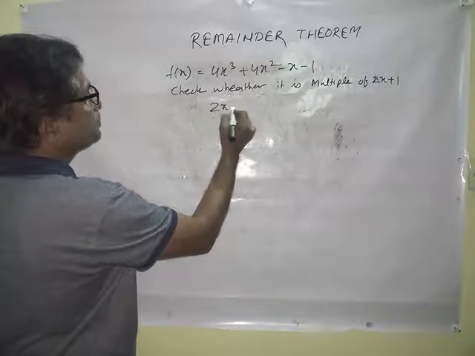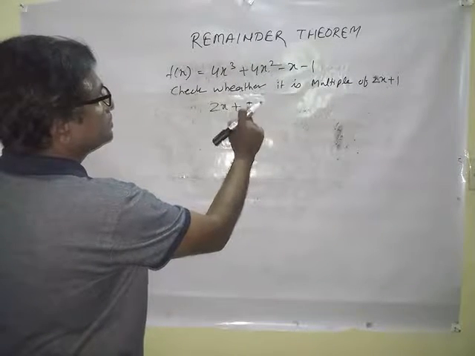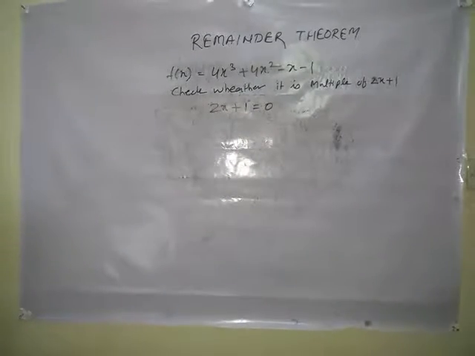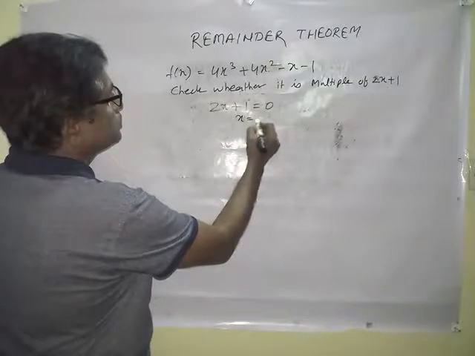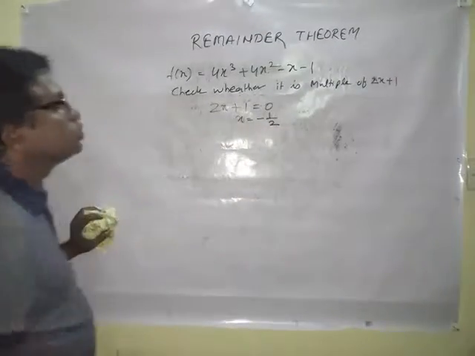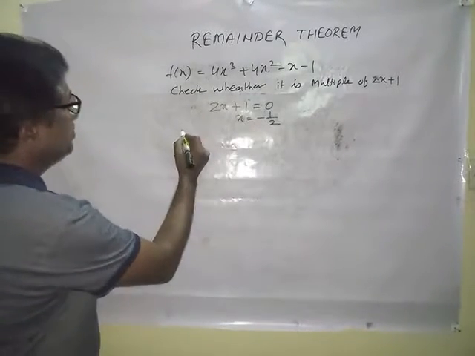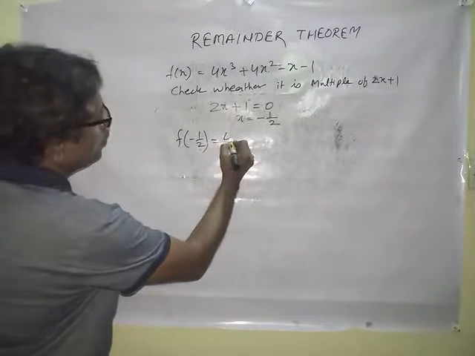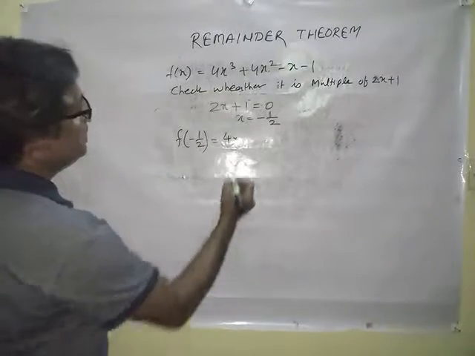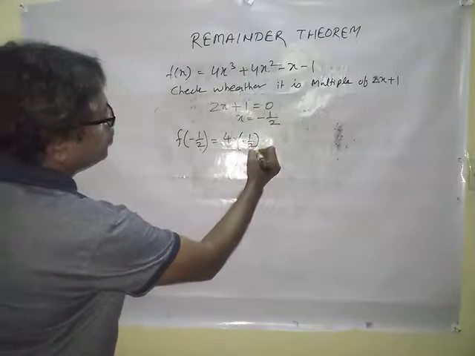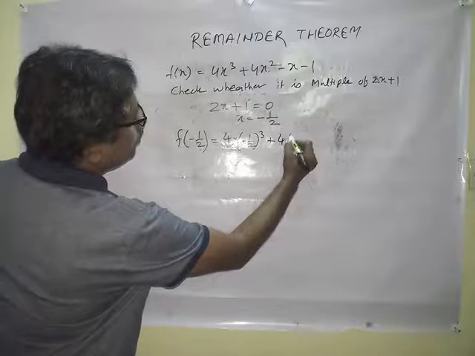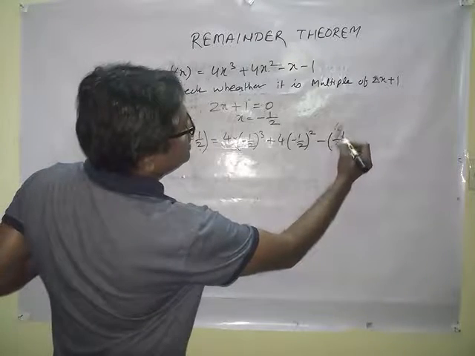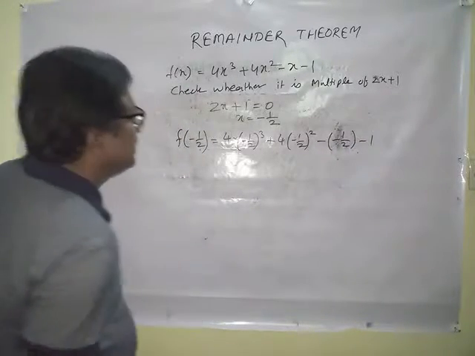2x plus 1 equal to 0. So x is equal to minus 1 upon 2. So as per the remainder theorem, f(minus 1 upon 2) is equal to 4 multiplied by (minus 1 upon 2) cube plus 4 (minus 1 upon 2) square minus (minus 1 upon 2) minus 1.